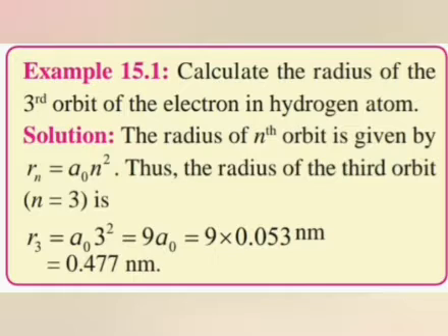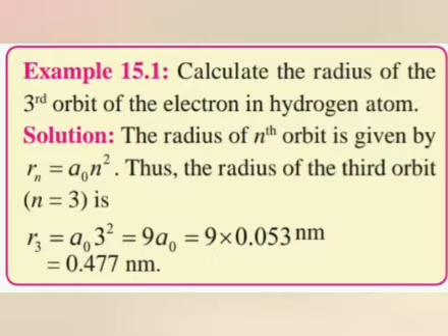As you know very well students how we got the radius of any atom. So here we have the solution, that is the radius of the nth orbit. As we know very well students the formula for the radius of Bohr, that is Rn is equal to the constant times n square. So we have this formula and we have to find the third orbit.